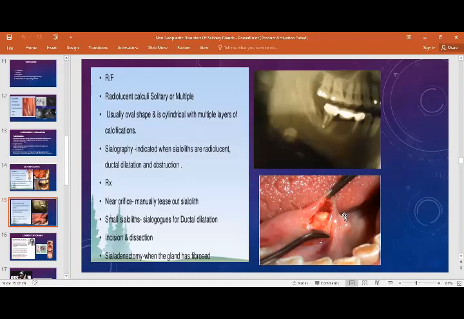Most of the time, you need to evacuate the stone, and smaller stones can easily be removed by a simple operation on the ducts, by taking an incision and drainage. But in some cases, when you can't find the stones, then we have to sacrifice the gland, and we'll go for sialoadenectomy, that is called removal of the submandibular gland.